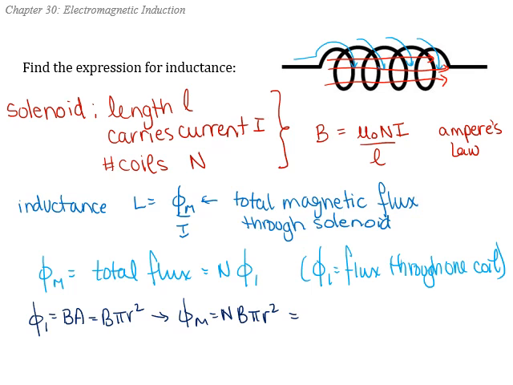And we'll fill in what we know the expression for B is. B is mu naught times N times I over L. Multiply that by pi r squared.